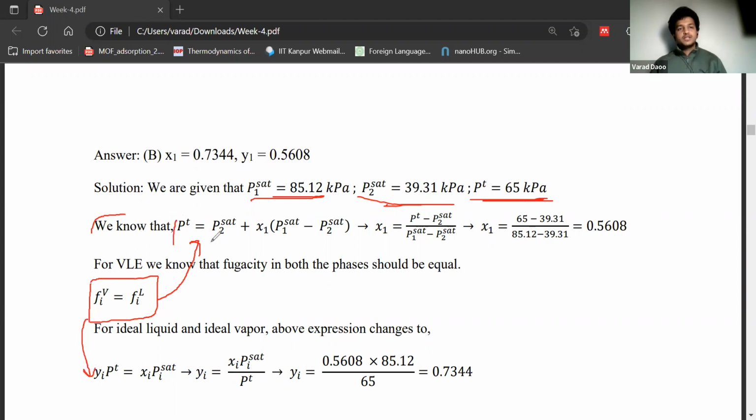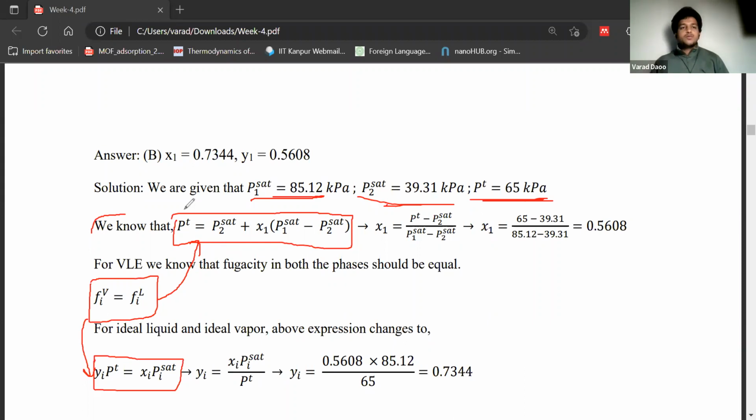One expression will be this expression, and another expression will be this expression. Using these expressions, you will be able to find both x1 and y1. I'm not doing the derivation of this expression, because it's quite common and it has been taught in this course. Refer to the lecture videos.